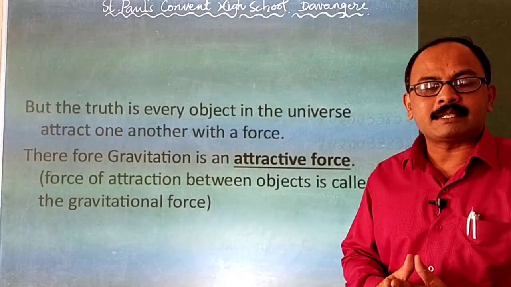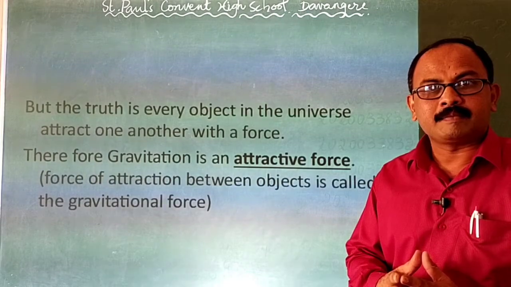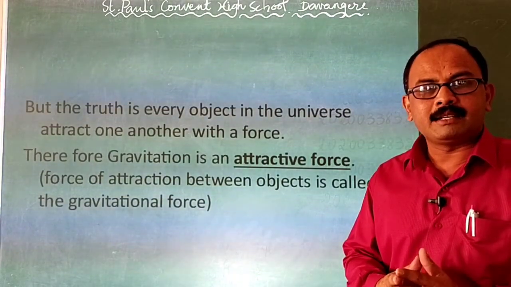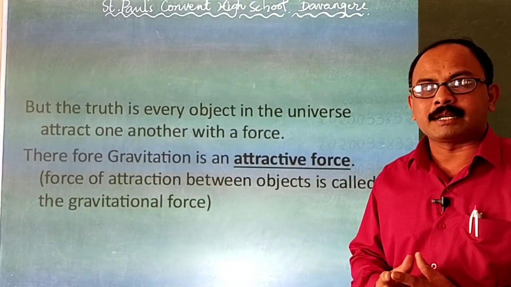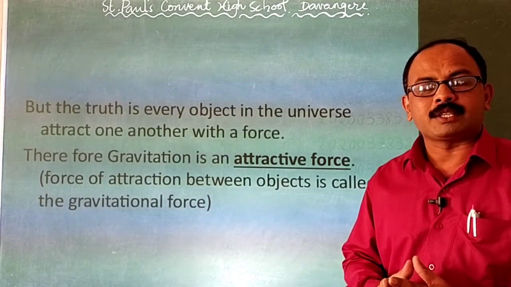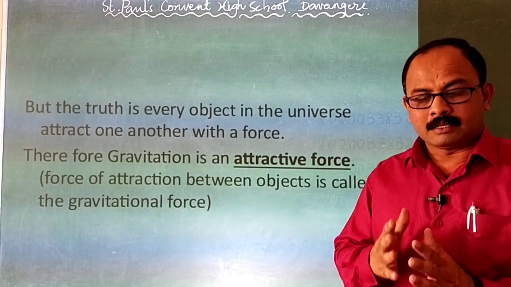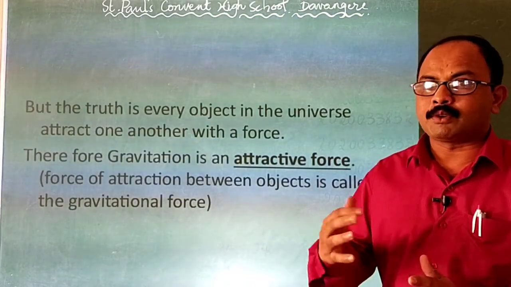This we call gravitation. There is a big difference between gravity and gravitation. Gravitation is nothing but the force of attraction between any two objects in the universe. The earth exerts force on the moon, and the moon exerts force on the earth.